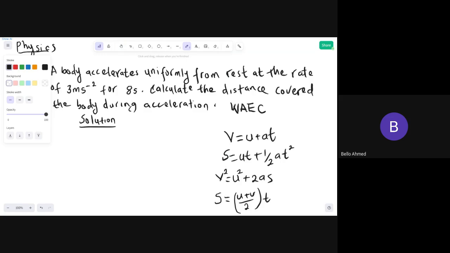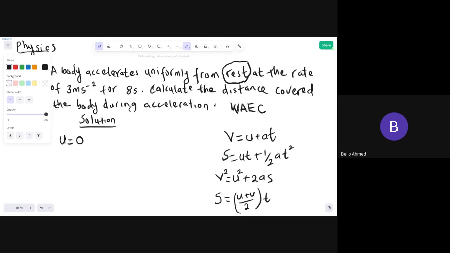The fact that the body is accelerating from rest, whenever you see this rest, means the body was initially at rest, so it has no initial velocity. So you quickly write that U equals 0. Nobody is going to tell you anything other than that the body is accelerating from rest, meaning you have been given one of the parameters.